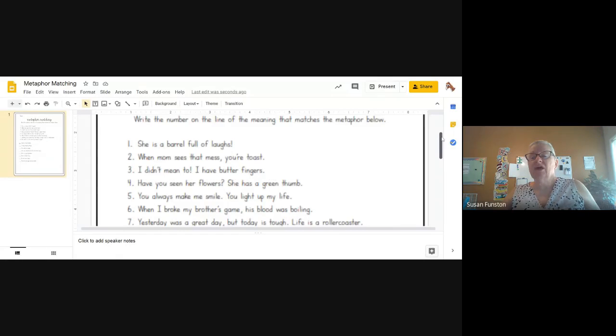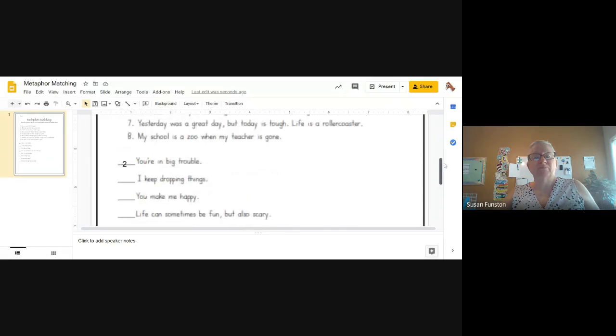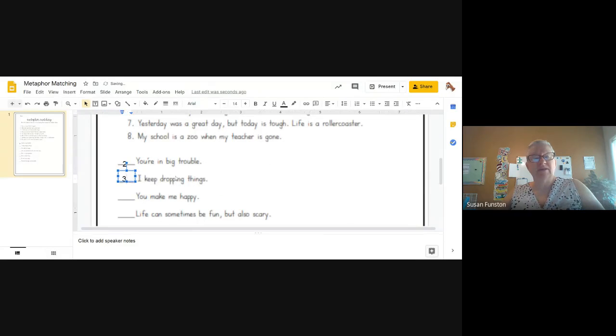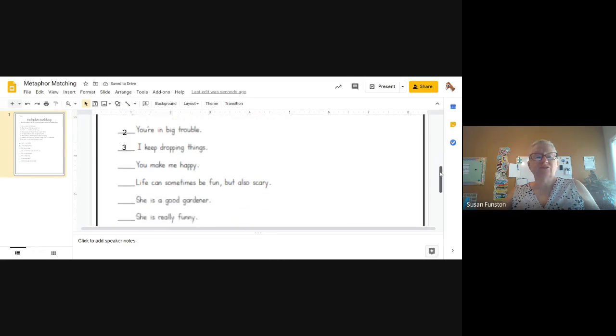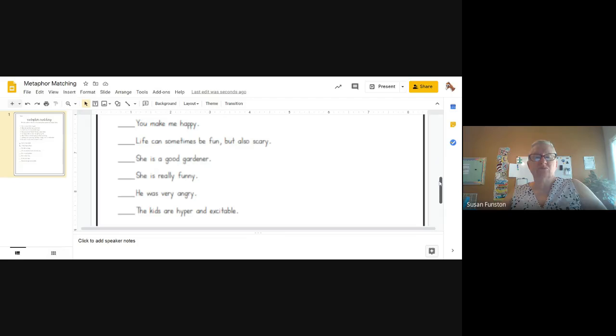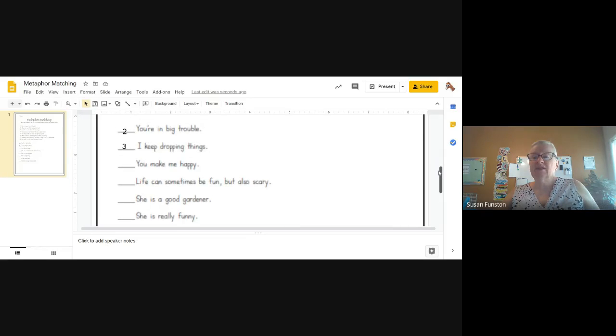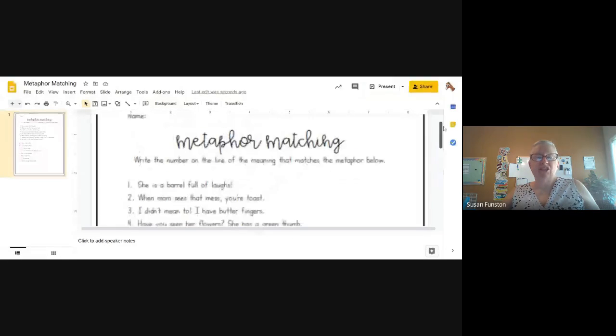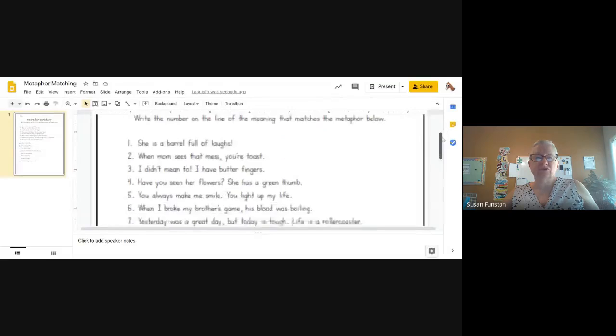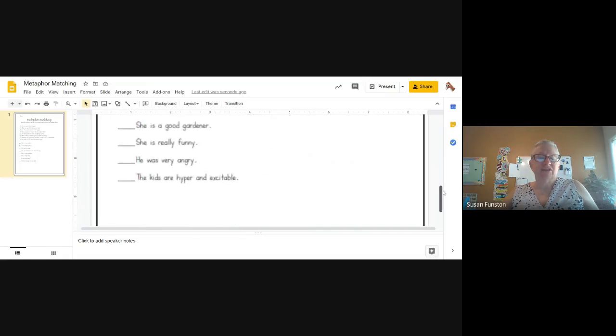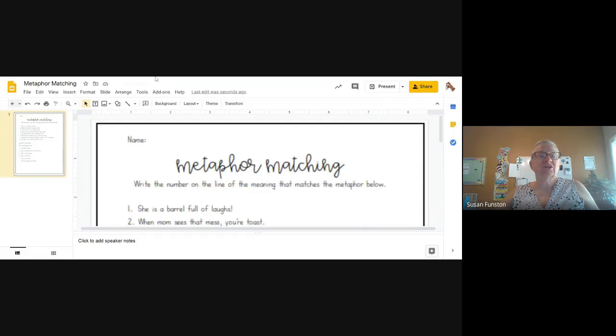So when you are dropping things, they call you a butterfingers. And so we're going to type in the number 3 here. All right, so that's how you're going to continue, and you're going to put the numbers on each of these that matches the meaning with the metaphor. All right, don't forget to turn it in when you're finished.